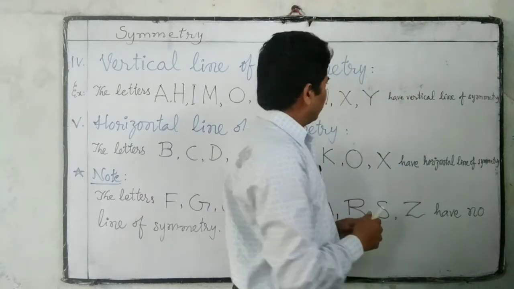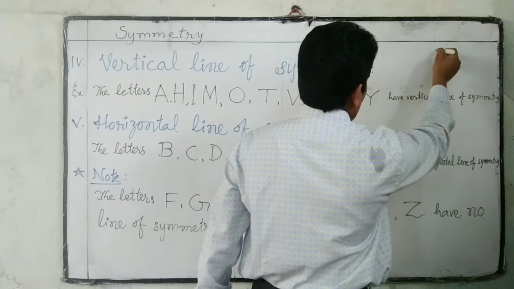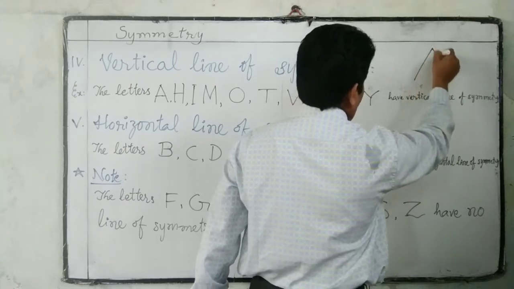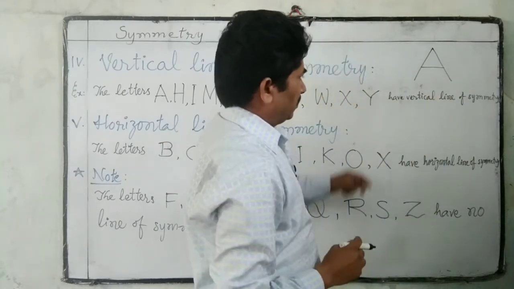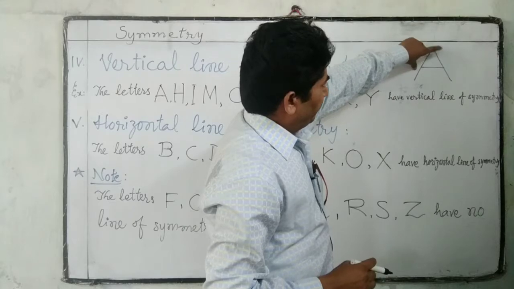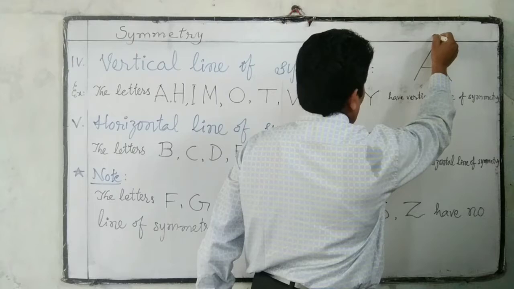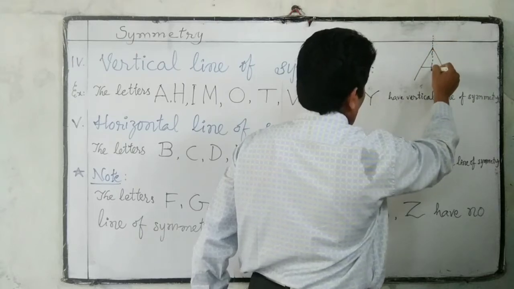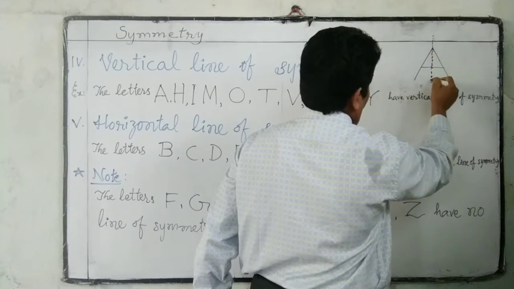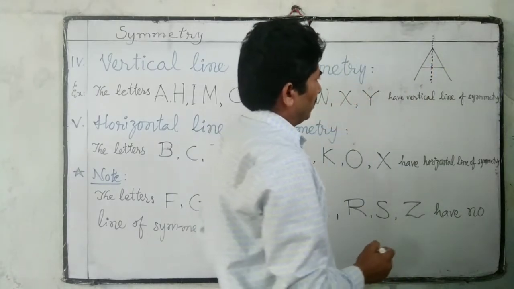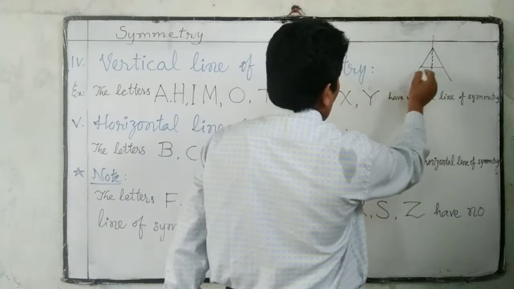Let us observe in this figure, in this letter. So this is a letter A. In this, dividing from top to bottom, so this is called a vertical line of symmetry.